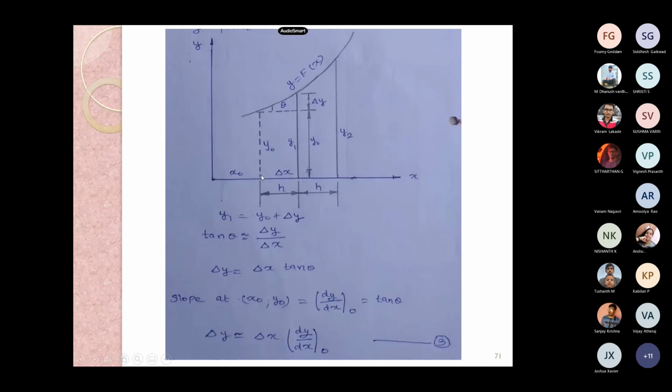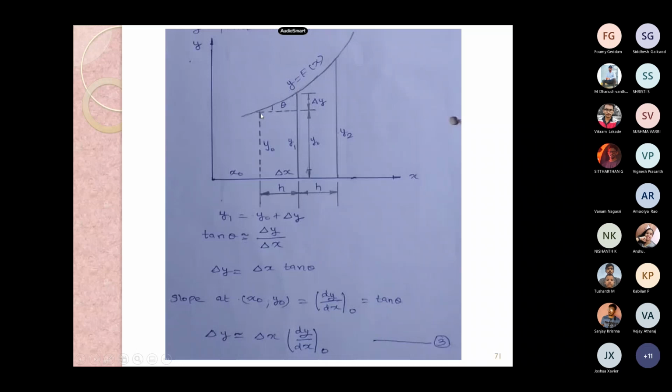You take this as y naught. Consider you make a vertical line, and this would be y naught, and you draw the parallel lines as y1 and y2. The horizontal distance between the y0 line and the y1 line is delta x, and this delta x is considered as the interval, that is h.